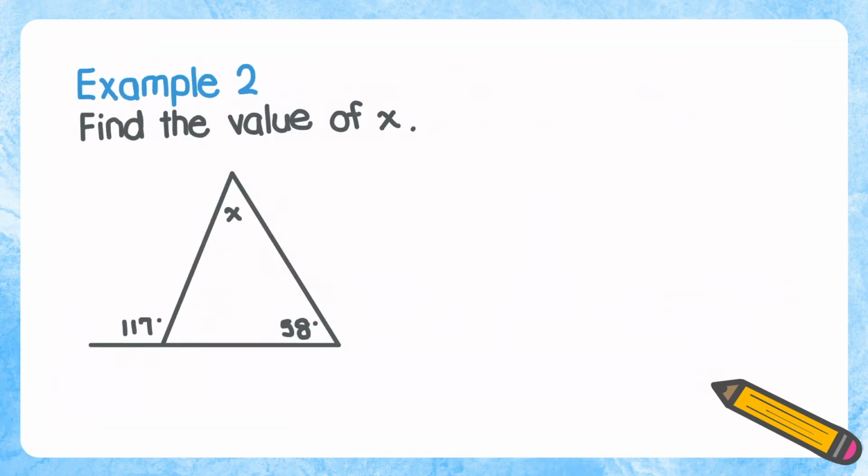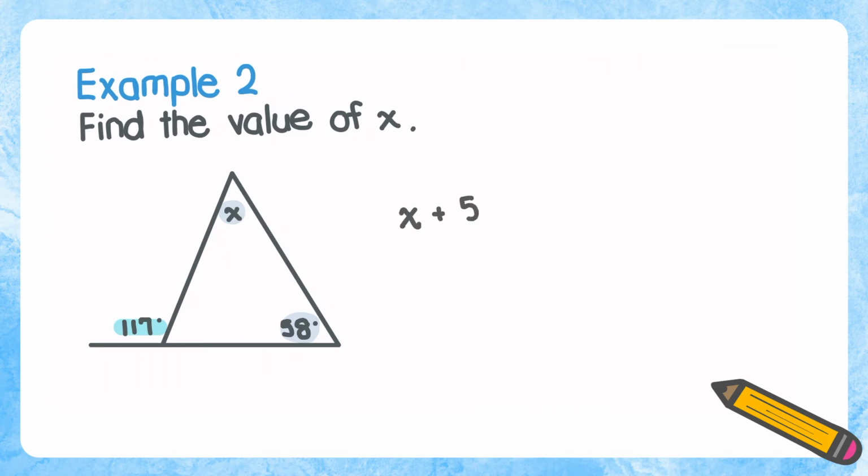Let's look at example 2. Again, we are going to find the value of x. Let's start off by identifying the exterior angle as well as its remote interior angles. The 117 degrees represents our exterior angle measure, and x and 58 degrees are the angle measures of the remote interior angles.